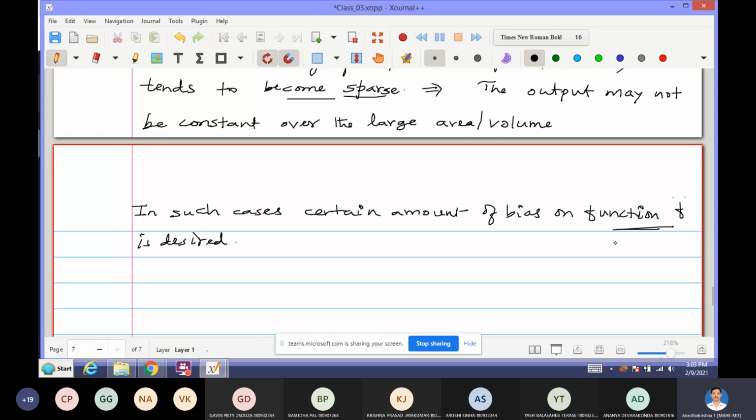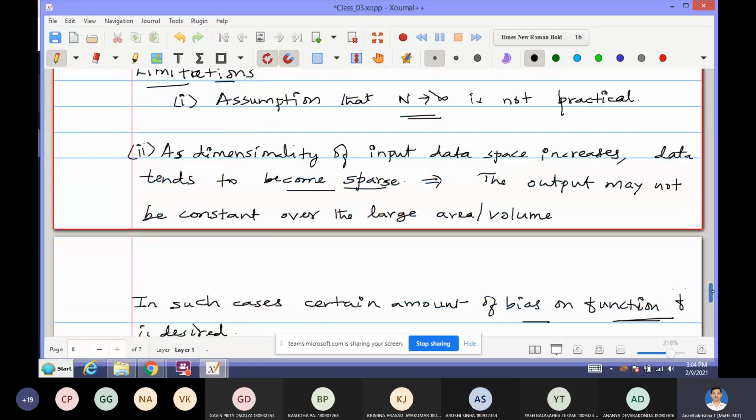If you consider KNN, then that is the bias you are going to have. So in some cases a certain amount of bias is required, but too much bias also leads to problems.